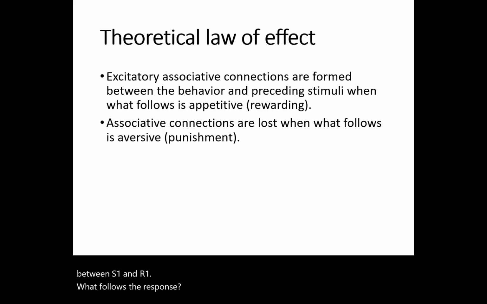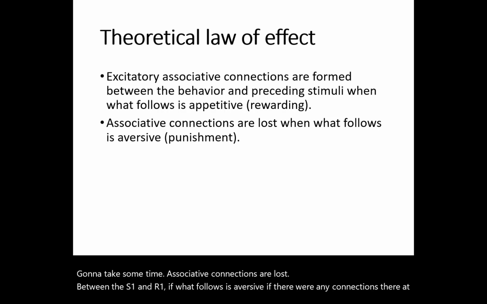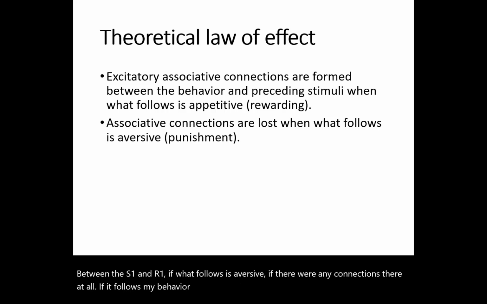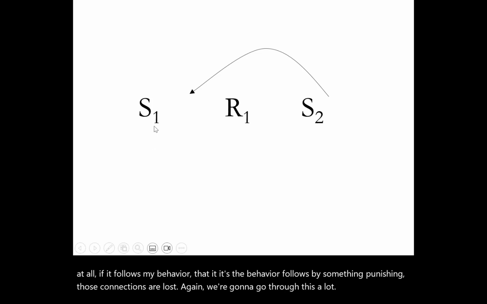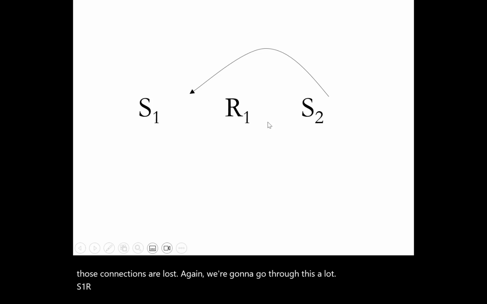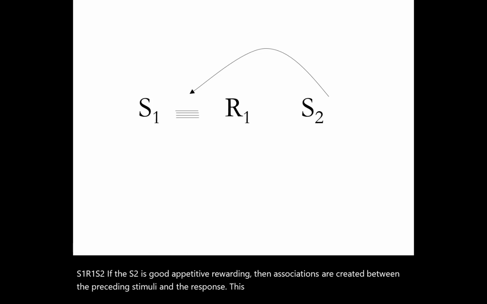Associative connections are lost between the S1 and R1 if what follows is aversive. If there were any connections there at all, and the behavior is followed by something punishing, those connections are lost. Again, we're going to go through this a lot. S1, R1, S2. If the S2 is good, appetitive, rewarding, then associations are created between the preceding stimuli and the response. This is what is learned.